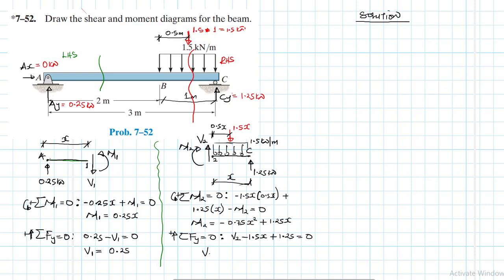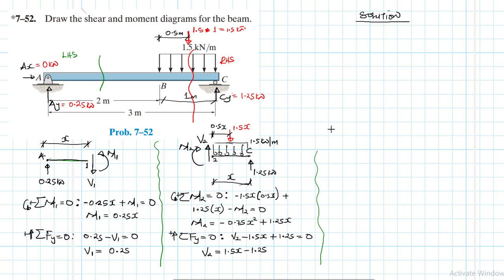Therefore, our V2 is going to be equal to 1.5x minus 1.25. Alright, I think we are done with the equations.